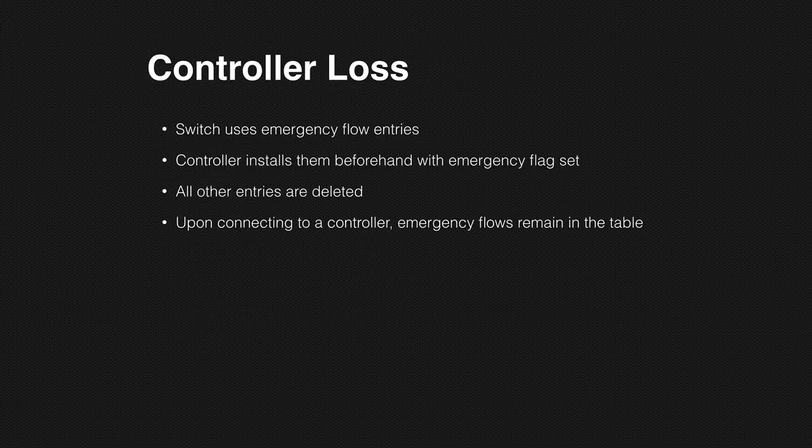On a controller loss, the device switches to an emergency mode. In emergency mode, only flows that are flagged as emergency flows will remain in the flow table. All other entries will be deleted, and hopefully our network functionality will degrade in some sort of a controlled way.